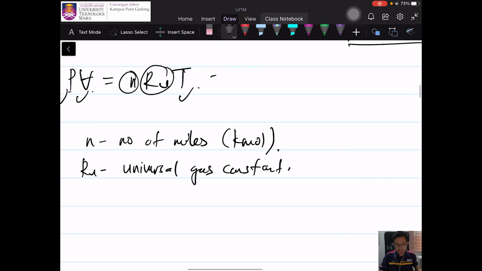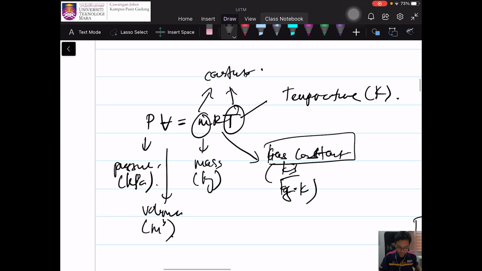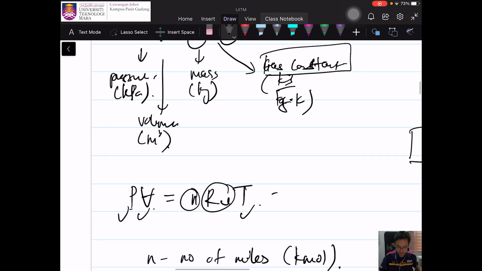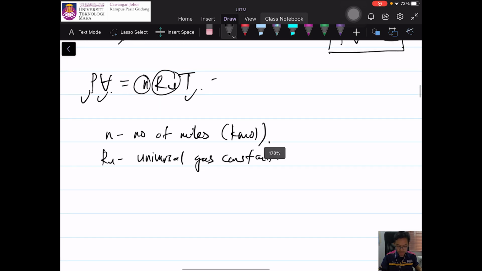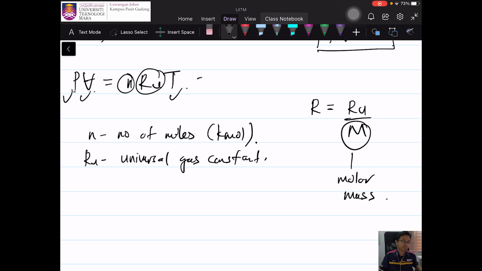Okay, so the relation between R on the top of this equation and Ru involves the molar mass. It can be related like this: R is equal to Ru divided by M, where M is the molar mass.